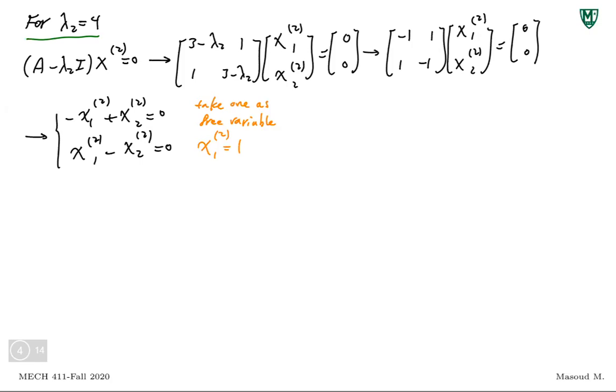That's the easiest one. If you do that, then x2 as a vector, well, x2,1 is 1, and then x2,2 becomes 1. Either of those equations gives you this. So this is the second eigenvector.